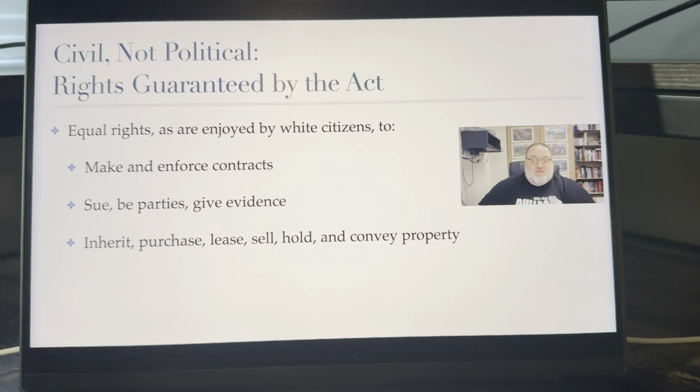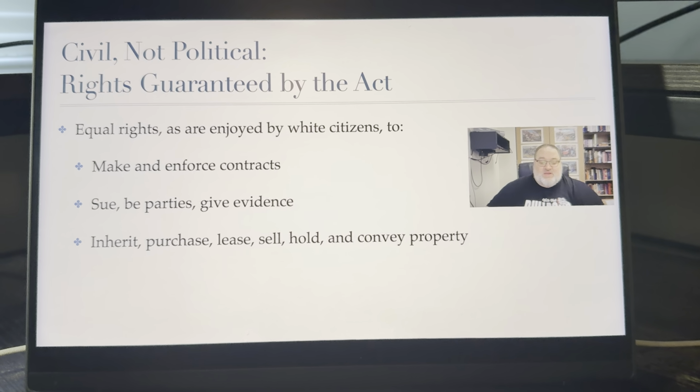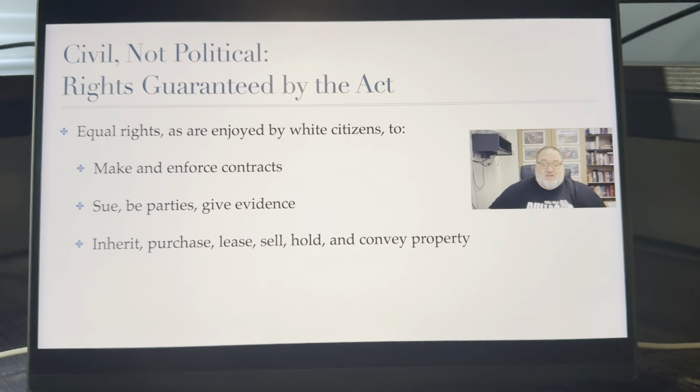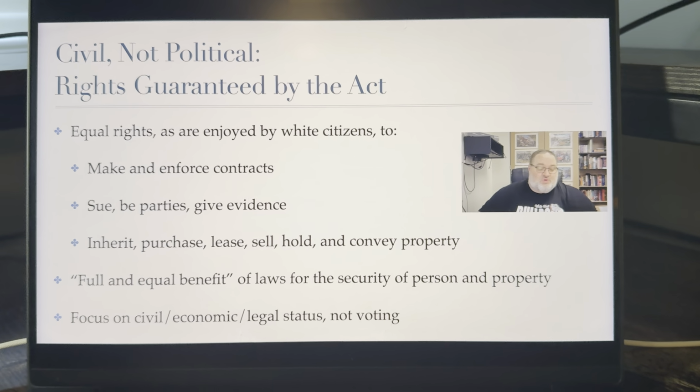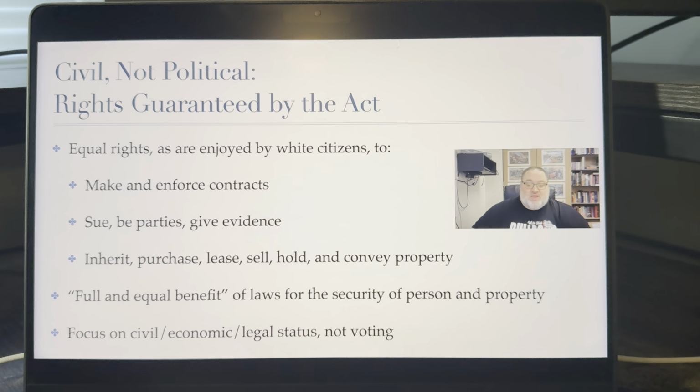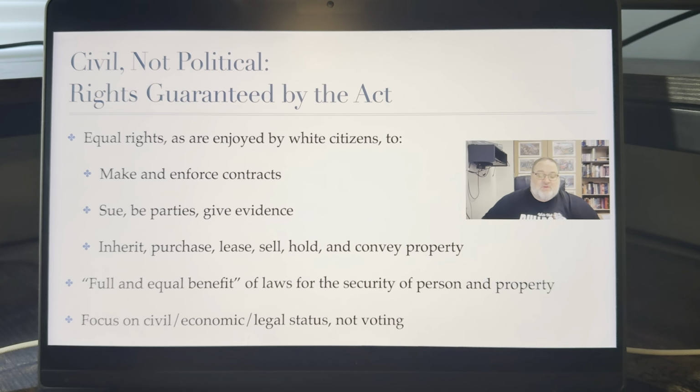Finally, there's a catch-all promise of the full and equal benefit of all laws for the security of persons and property. That moves beyond individual transactions and gestures toward a more general equal protection principle later echoed in the 14th Amendment.